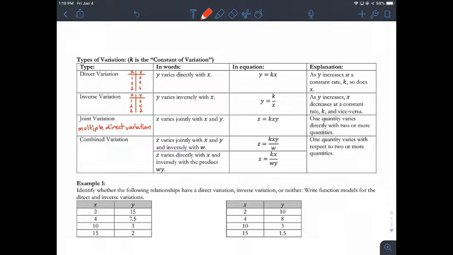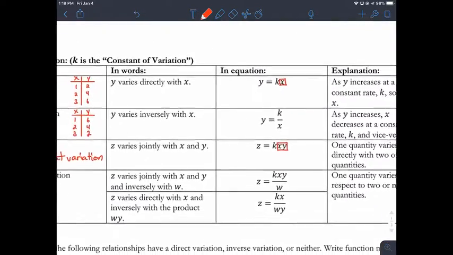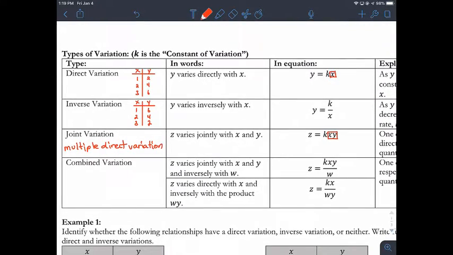For instance, in this case, z varies jointly with x and y means that x and y are varying directly with z. Notice that here they're both multiplied, just like up here, that x was multiplied for that y whenever we're talking about direct variation. So with joint variation, you have multiple direct variations, and everything is multiplied towards that k.